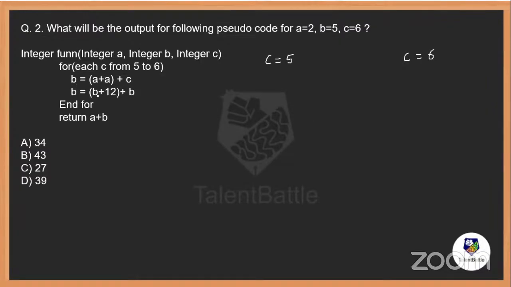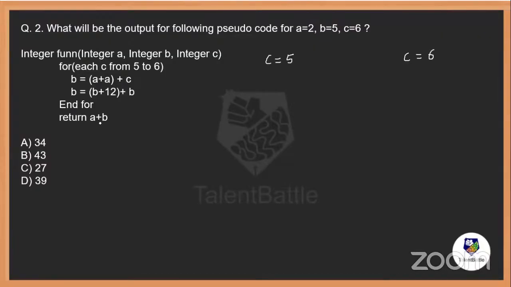And inside the for loop, there are 2 statements which are going to change the value of B by the provided expression. After that, the for loop will end and we have to return A plus B. Means it is very clear.